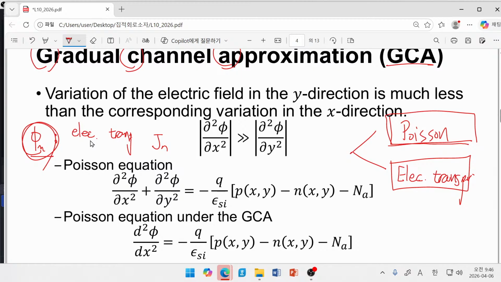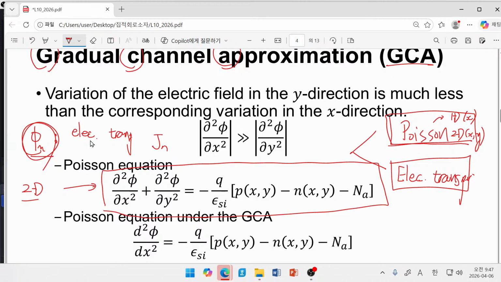previously in our MOS case, we just solved a 1D problem, an x-directional problem. But now our domain has expanded to a 2D problem, so we must solve a general xy problem. Our Poisson equation in the 2D plane should now be written in this way. What is the difference?